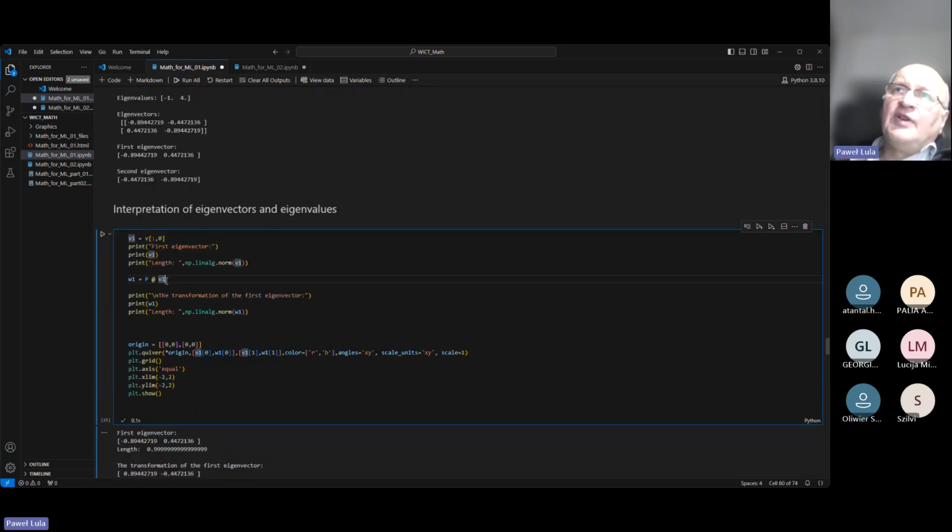So I transform the first eigenvector using this transformation P, and I obtained a vector W1.